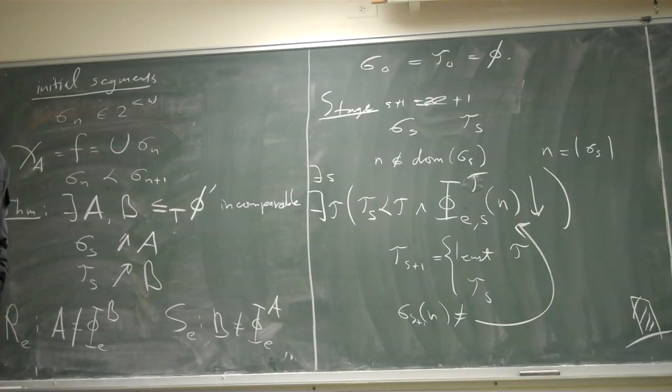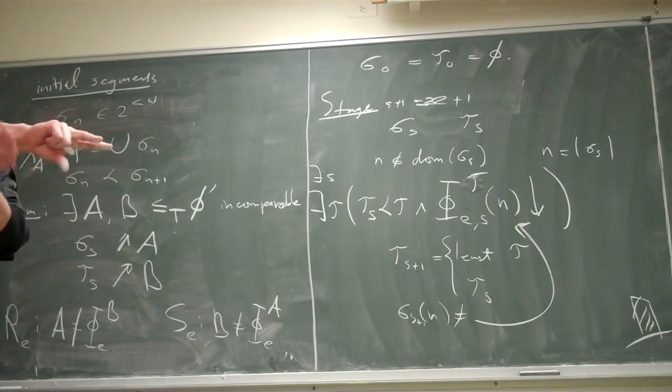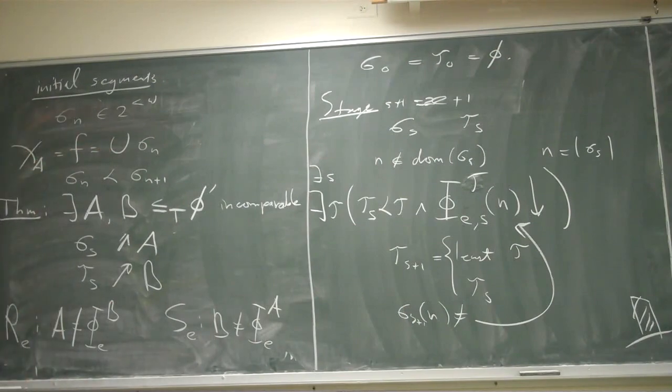It's an infinite injury priority argument to show that between any two CE degrees you can find another one strictly in between. This is the Sachs density theorem. I'm pretty sure that'll allow you to embed like Q. But it's more general than that, right? There's linear orders. I was just thinking of something that would break.